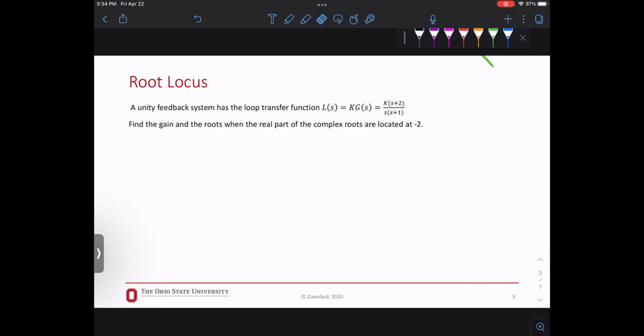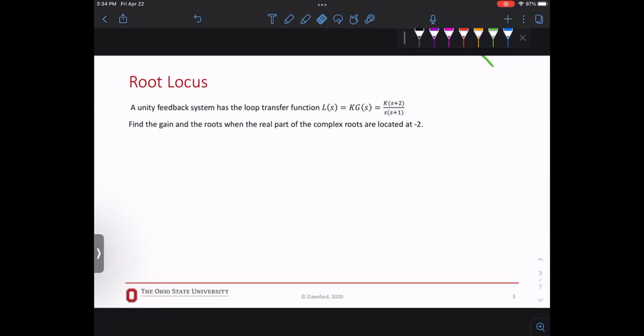So this says that a unity feedback system has the loop transfer function of that. Again, loop transfer function, it has this controller inside of it. Find the gain and roots when the real part of the complex root are located at -2. So it has complex roots. You know what the real parts are. We are going to find the imaginary part and then say where the poles are.